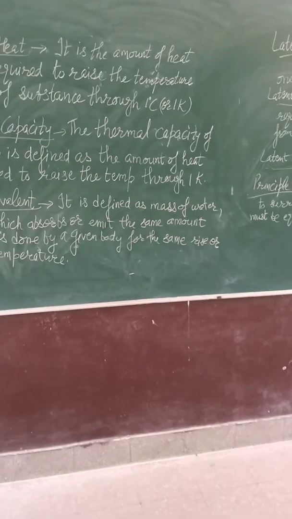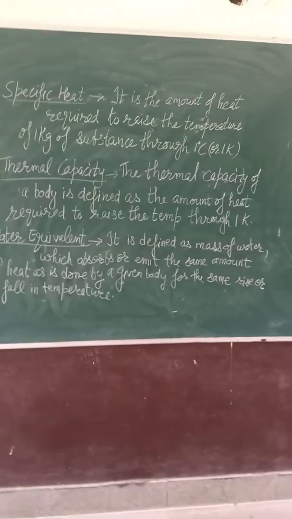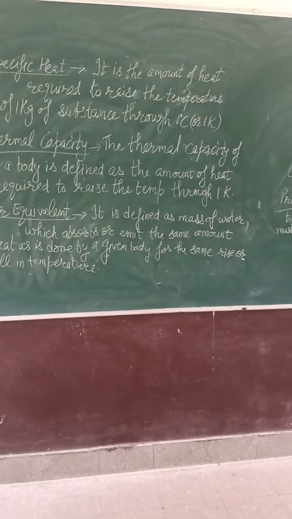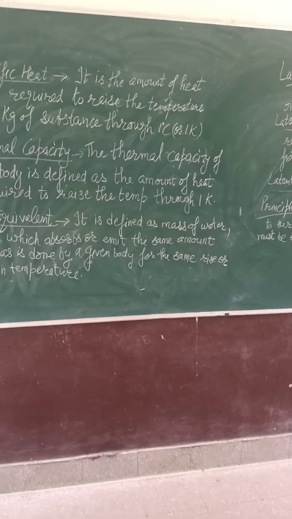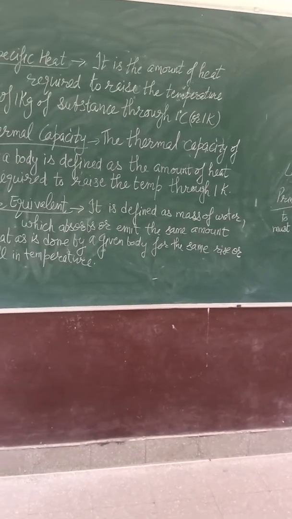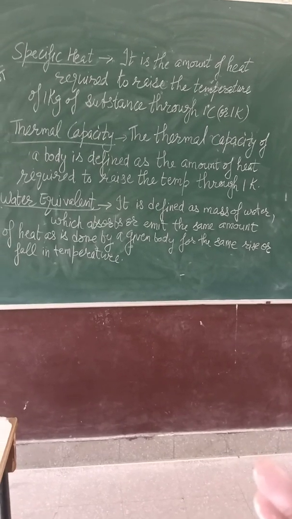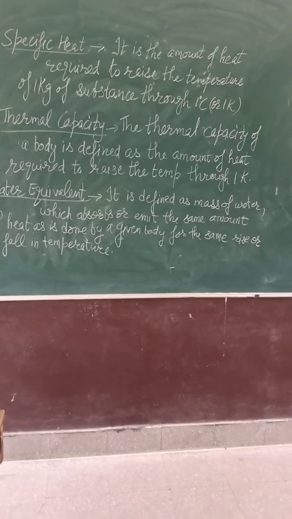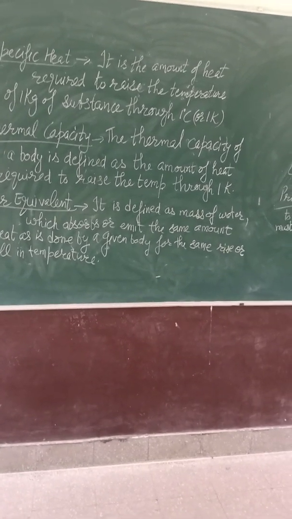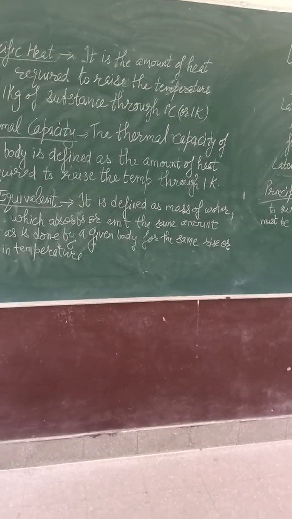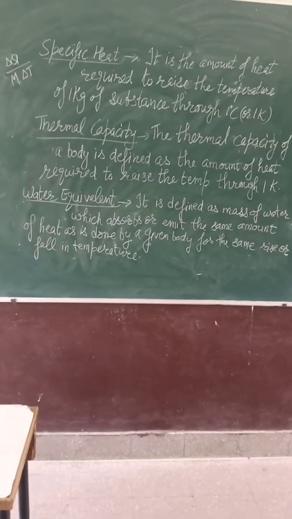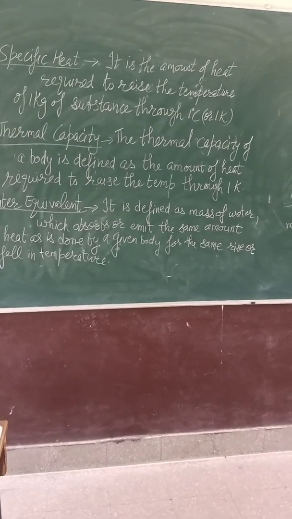Then we heat both beakers. If there is the same rise or same fall in temperature, that substance shows the property of water. Means if we give the same amount of heat, both rise by the same temperature, 1 degree, right? So that body we should call equivalent to water. So this is called water equivalent, right?